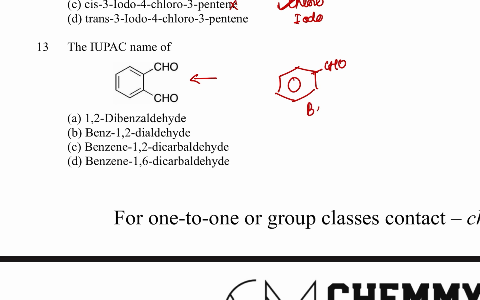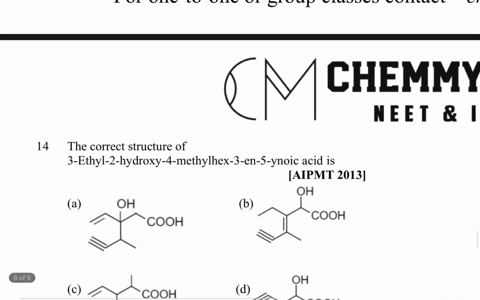Whenever 2 or 3 same kind of groups, aldehyde groups, are attached, we use carbaldehyde. So first and second position attachment is there. So benzene 1,2-dicarbaldehyde will be the answer. This is an NCERT question. It is there in NCERT.